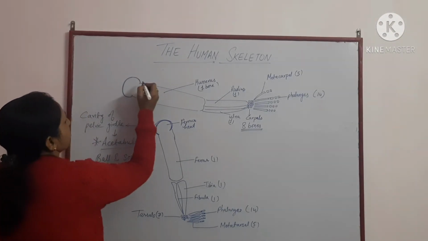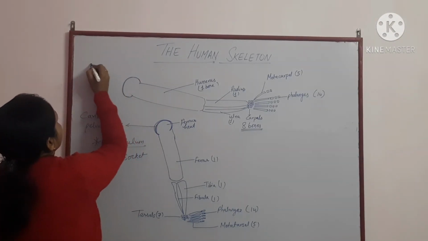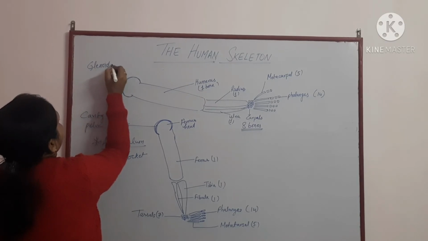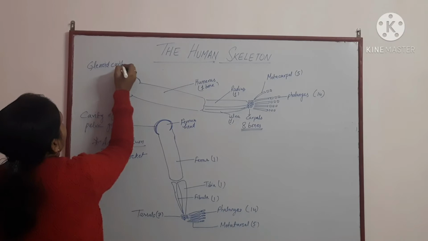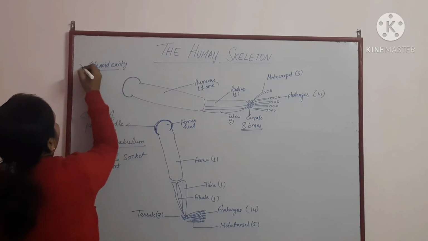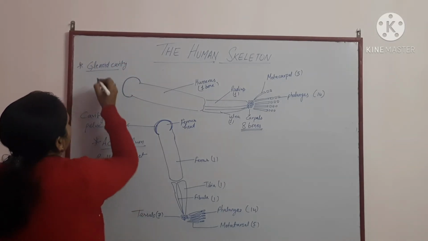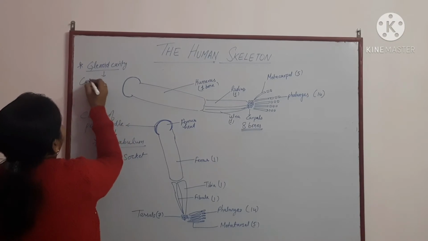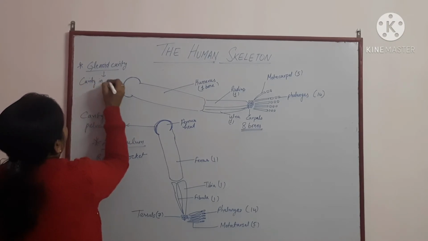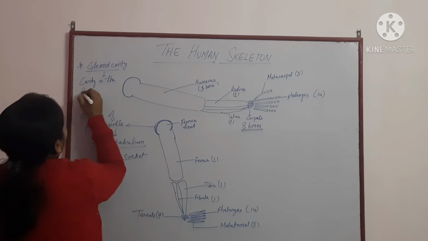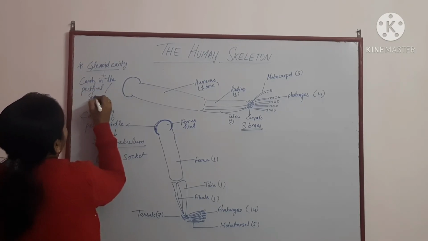Now the head of the humerus fits into the glenoid cavity. Glenoid cavity, and here also a star mark. Glenoid cavity is a cavity in the pectoral or shoulder girdle.